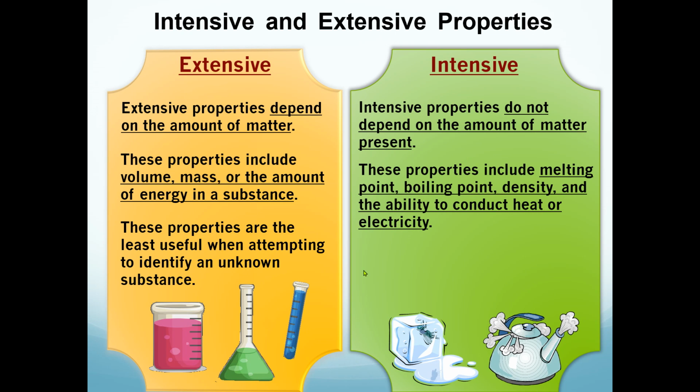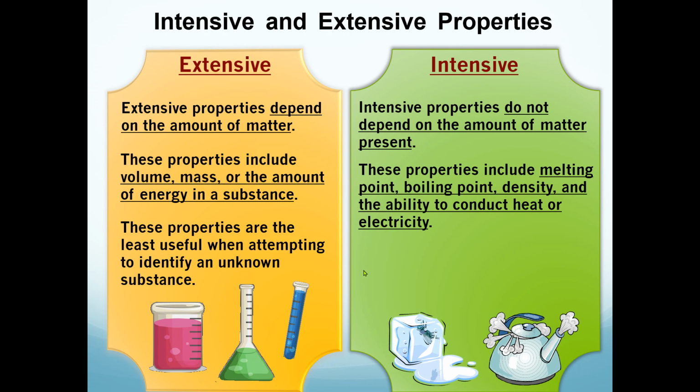These are melting points. We know with H2O, a melting point is anything above 0 degrees. Boiling point. Well, a boiling point is 100 degrees Celsius. Its density, it's going to be the same regardless if I have 100 grams of matter or not.